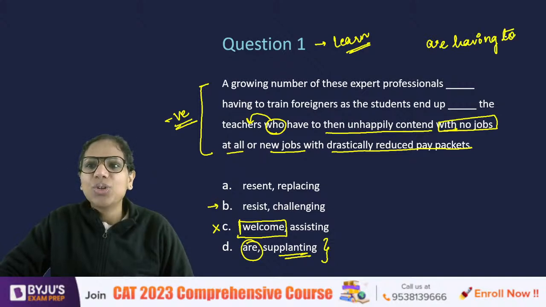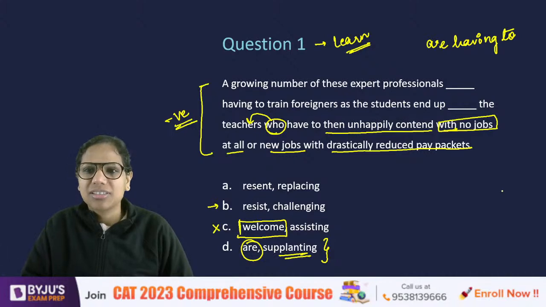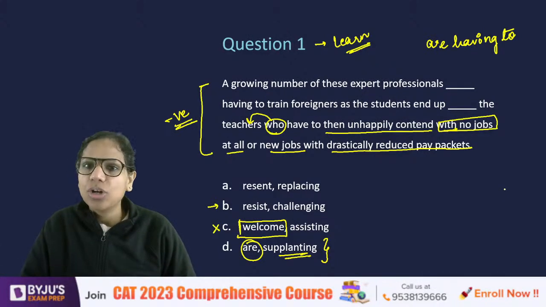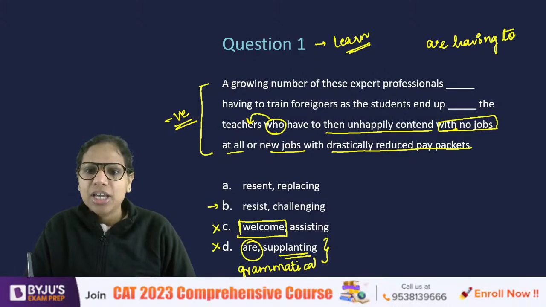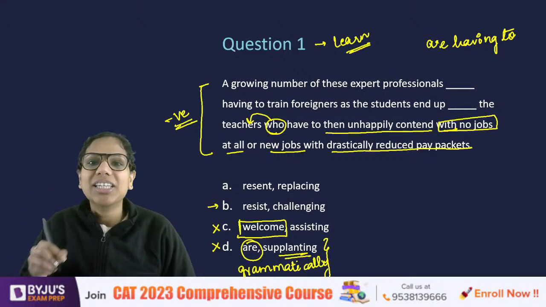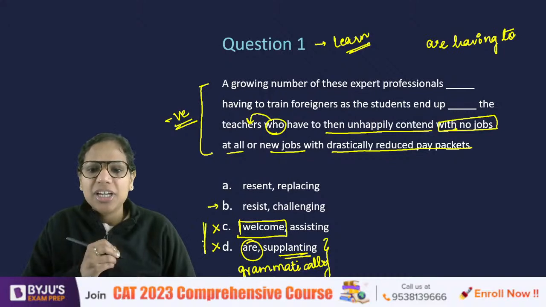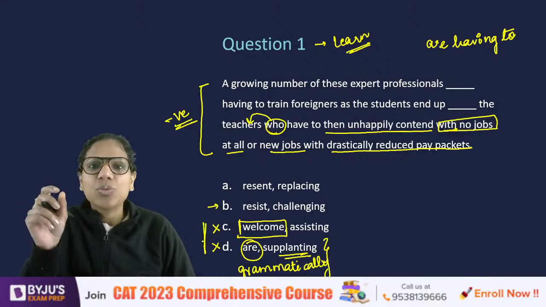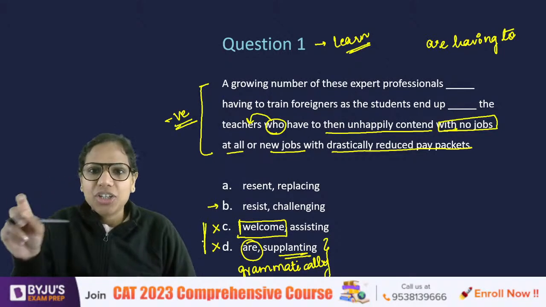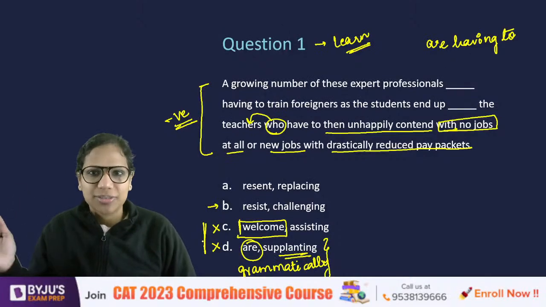I am having to do this, or I have to do this? It should be I have to do this, and not I am having to do this. So this construction is incorrect grammatically. So see, in your exam, your grammar can also help you in attempting your vocabulary questions. That is why pay attention to whether a word fits grammatically in the particular context or not. Here it does not.